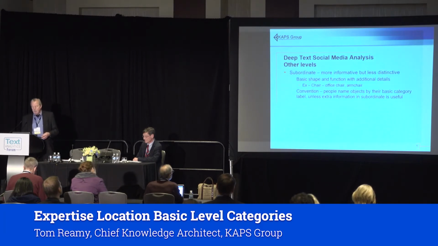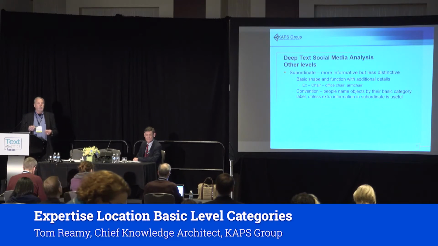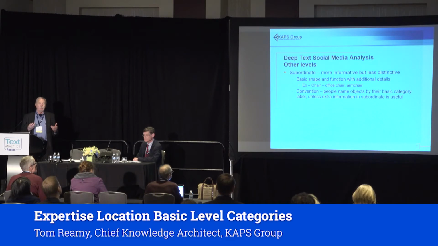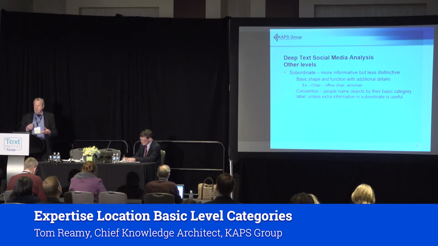The other levels: subordinate tends to be more informative, but less distinctive. For example, at the basic level you've got dog and cat. Those are very distinct. You can tell the difference between a dog and a cat very easily. Telling the difference between a golden retriever and a golden lab is much more difficult. So the basic level has both of those. At the subordinate level, you have a lot of properties associated with, say, a golden retriever, but not as distinctive.